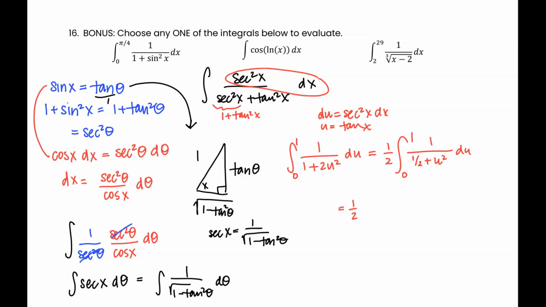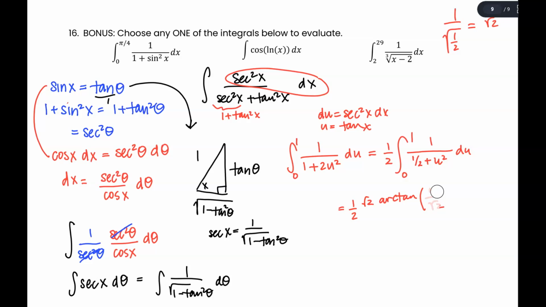This is a 1/2. We're going to have the square root of 1/2. Oh God, the square root of 1/2, 1 over that, right? So we end up with just root 2. So root 2 arctan of u over root 2. Wait, the root 2 ends up in the numerator.